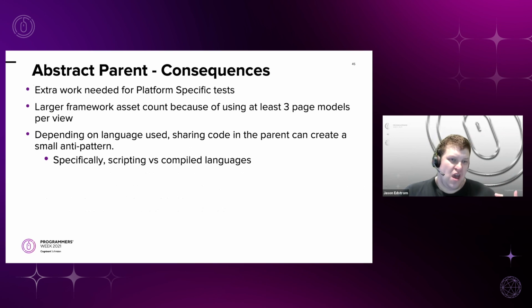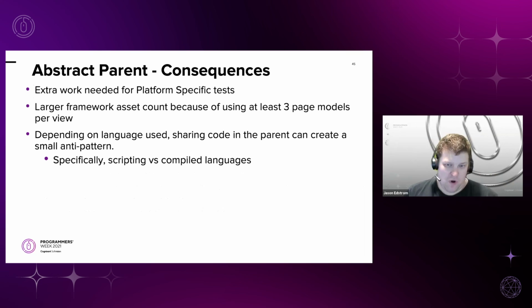The consequences: extra work is needed for some of the platform specific tests. We saw that in every single iteration of this journey, so that's nothing really new at this point. There's also a larger framework asset count. You're making significantly more page object models, but when it comes down to it, the files are small.